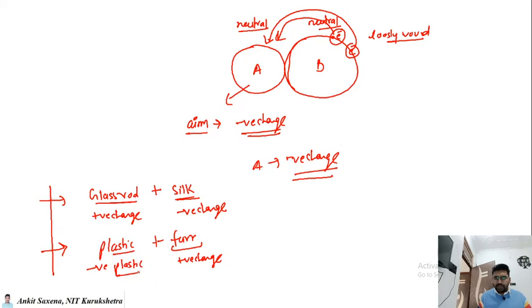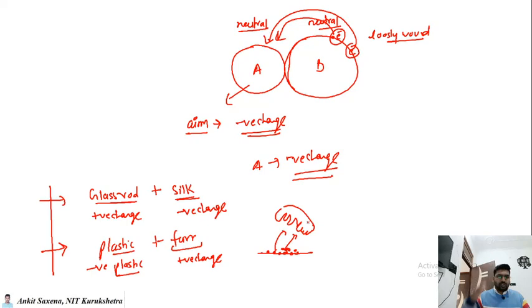So in childhood you may have done one experiment with a comb. When you rub this comb with your hair, then after some time bring this comb near small pieces of paper, you observe that these small pieces of paper get attracted towards the comb.